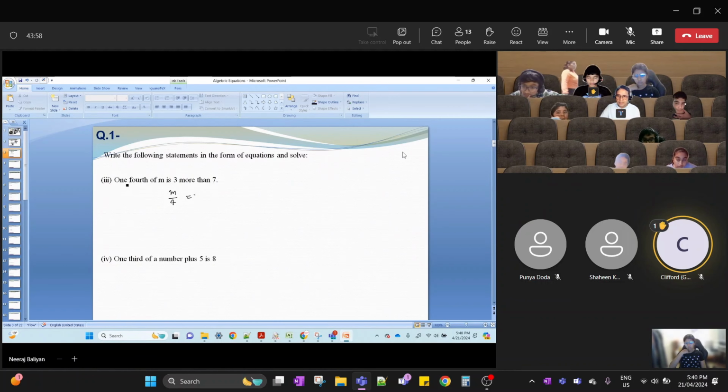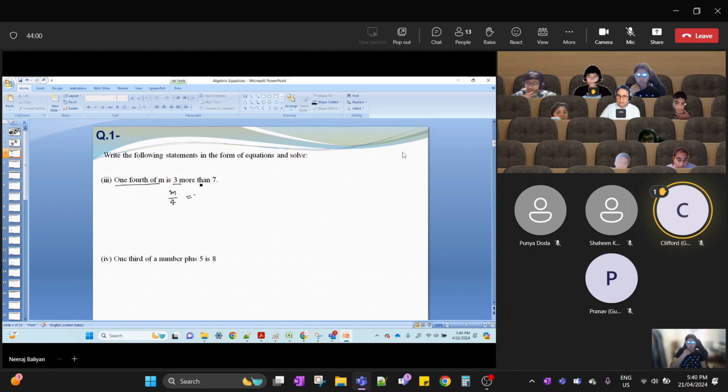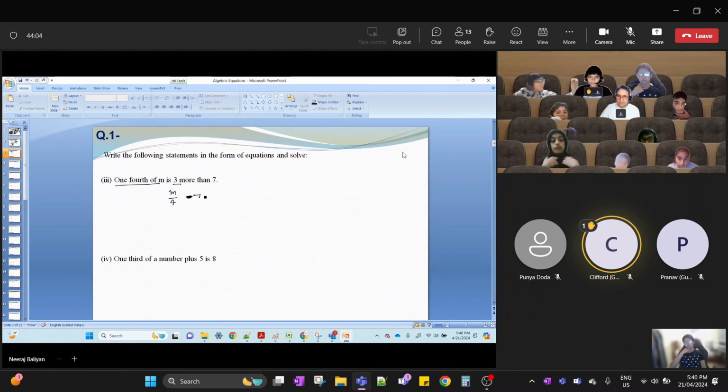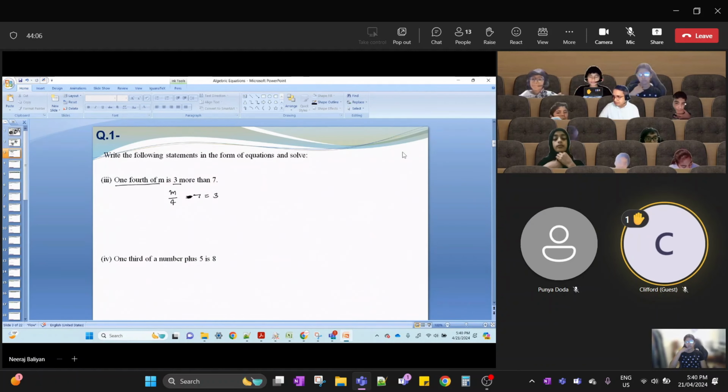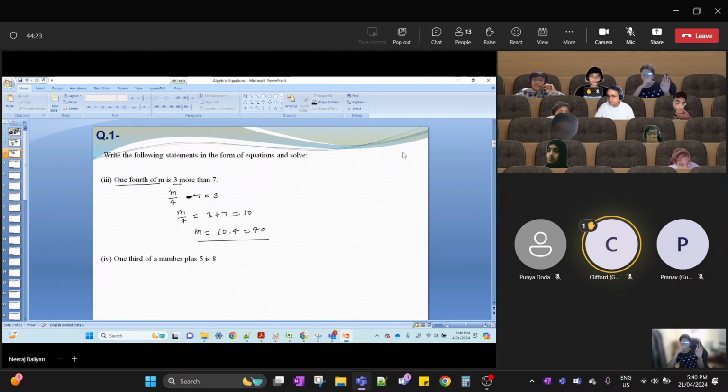So what does it mean? 1/4 of M is 3 more than 7. So M by 4 is equal to 3 plus 7, which is 10. And what will be the value of M? 10 times 4 is equal to 40. Thank you. Let's move to the next part.